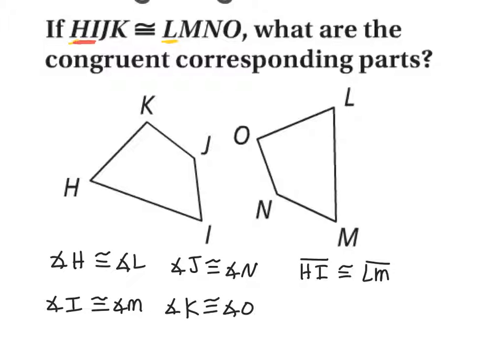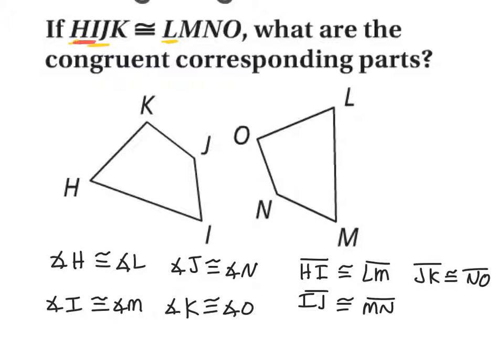And then line segment IJ is next. Line segment IJ is congruent to what? MN. Line segment JK is congruent to line segment NO.